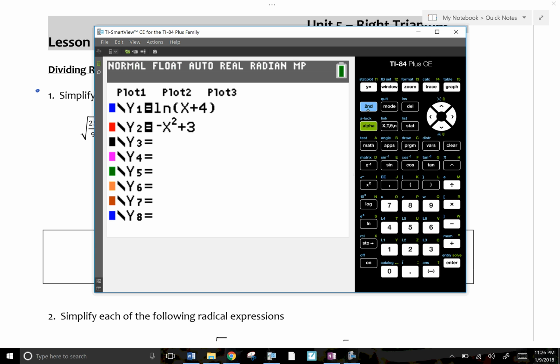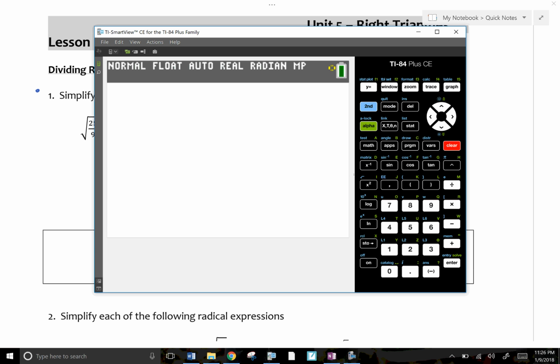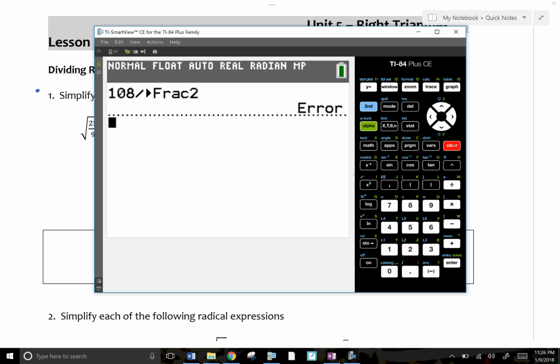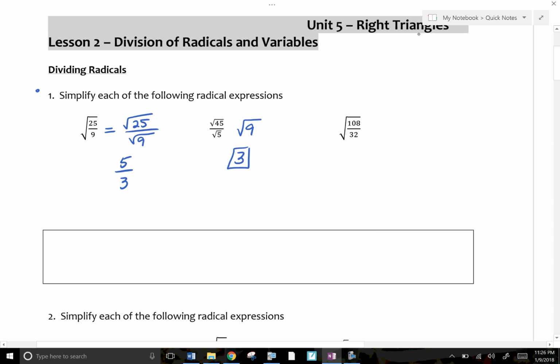So I do 108 divided by 32, and then I math frac it, and it will simplify it for me into 27/8.